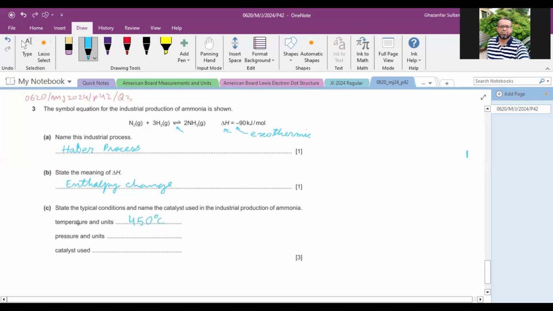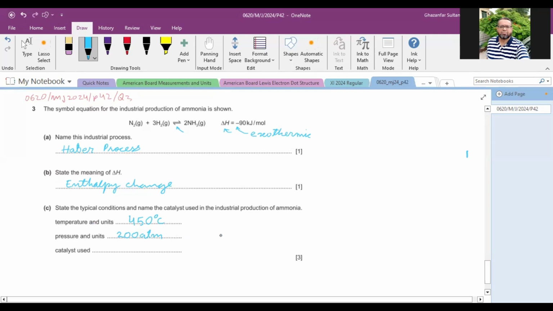Remember that they are asking about temperature and units both, so the unit must be written here. And the pressure can be written in either unit. It is 200 atmospheric pressure, 200 atm, or you may write it in Pascal or kilopascal.